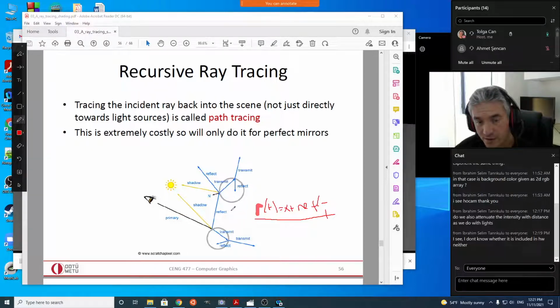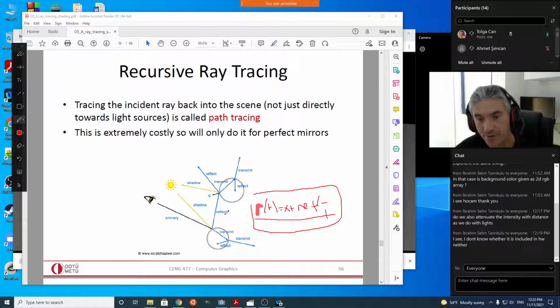The question that I will ask recursively now is, what is the color of this reflective ray? Which object does it intersect first? This may be in shadow, we don't know. But at this point, we are trying to construct another image as if this x is our pixel. What color would that be?